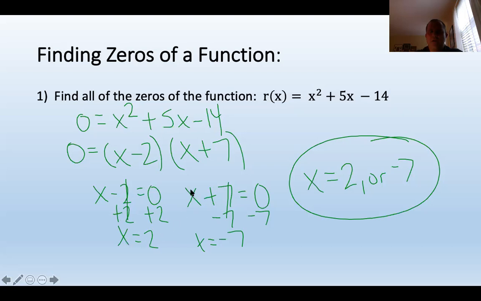To solve x plus 7 equals 0, we would subtract 7 from each side, and we would be left with x equals negative 7. So our two solutions that are the zeros of the function are x equals 2, or negative 7. So those would be your zeros for this particular function.